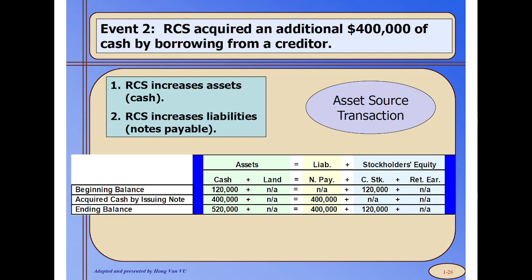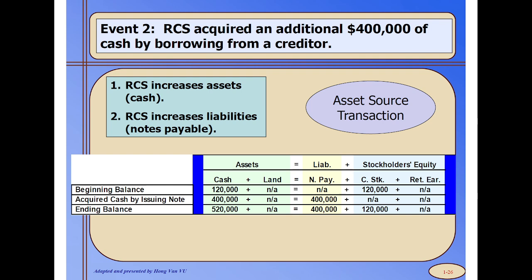It means that the company increases assets by 400,000, but the company also increases liabilities here. So we have a sub-classification of the accounting equation, notes payable. We can see the abbreviation is Notes Pay. So we have 400,000 of notes payable increase. There's no effect on another account. Common stock is not increasing, the retained earnings are not increasing.